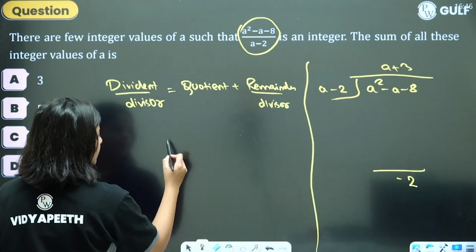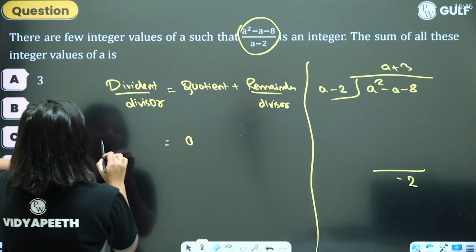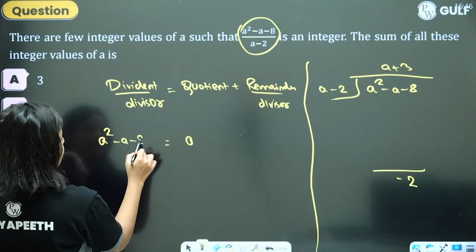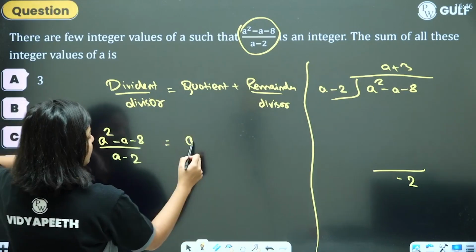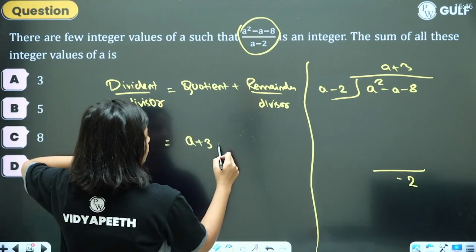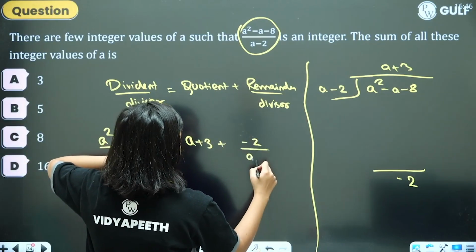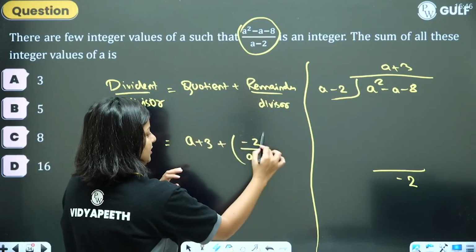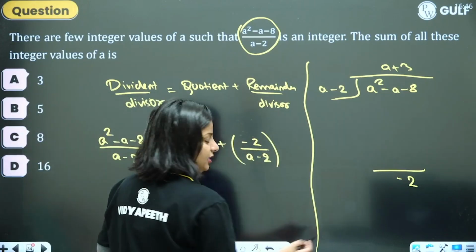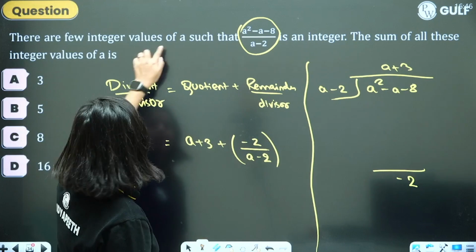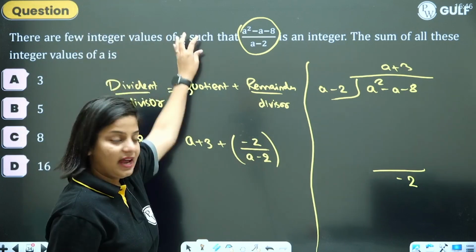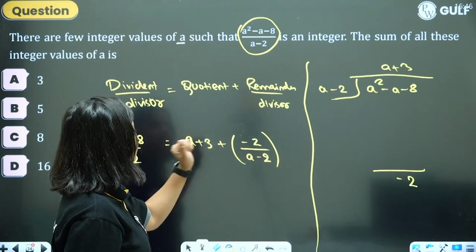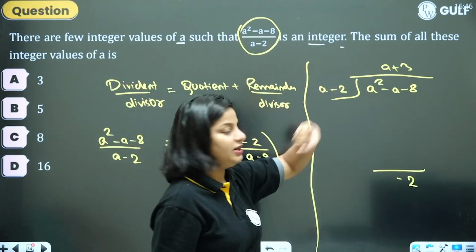That is the working. This ratio a square minus a by 8 upon a minus 2 can be rewritten as a plus 3 plus minus 2 upon a minus 2. The question can be rewritten in this format. Now read the question again. There are few integer values of a. So a is an integer such that this ratio is also an integer.